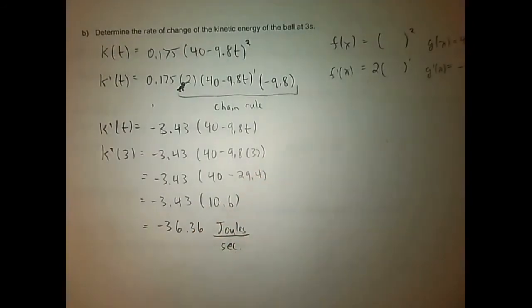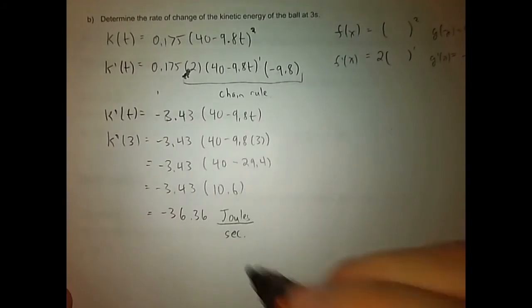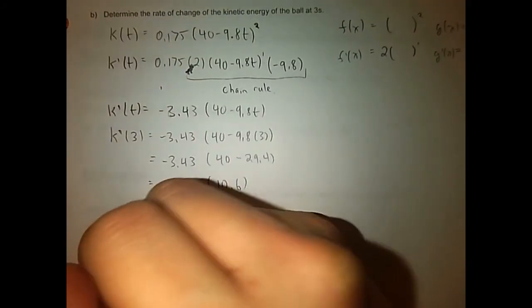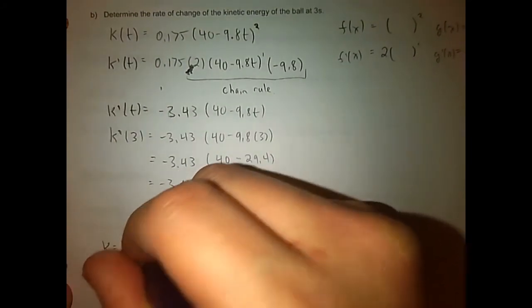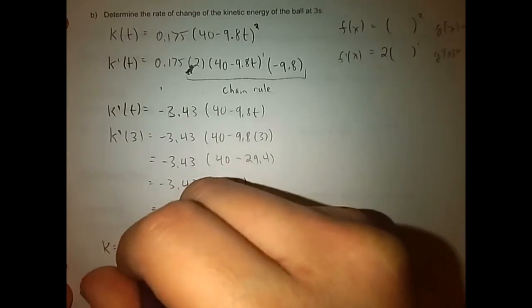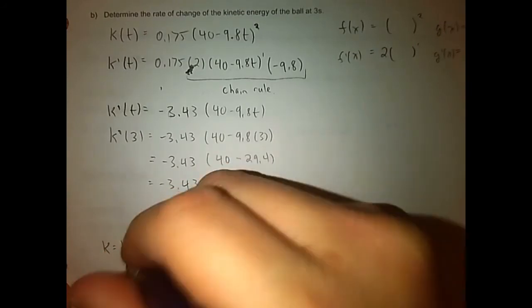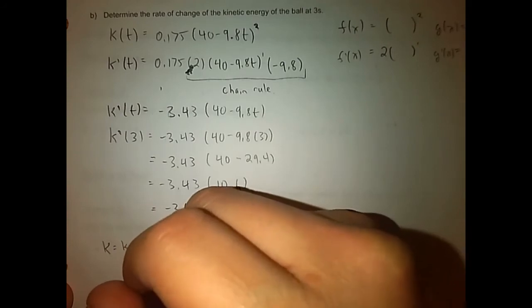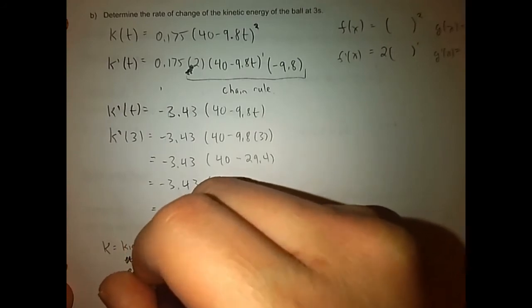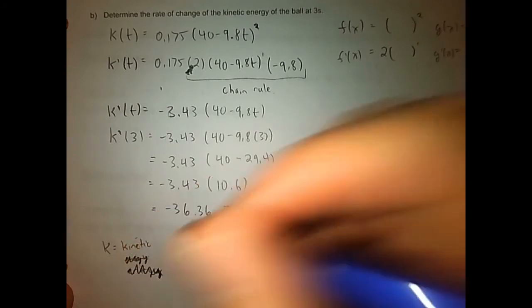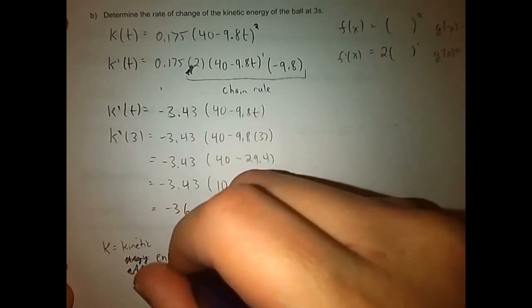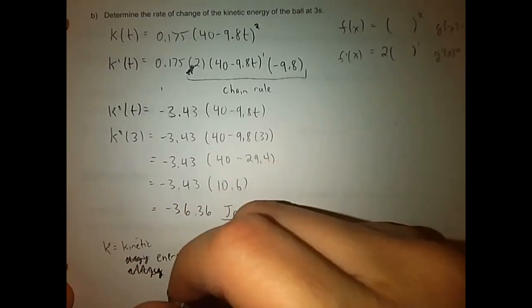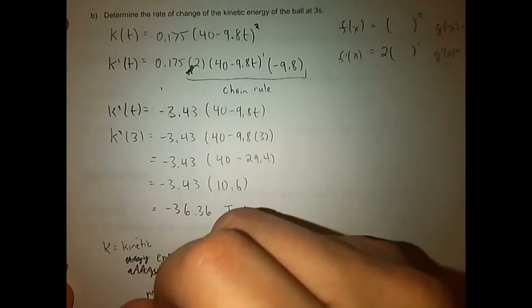We measure energy in joules. So if you took other science courses, you've probably seen joules before. So just a reminder for joules, I'm just going to put here K is equal to kinetic energy. We measure it in joules.